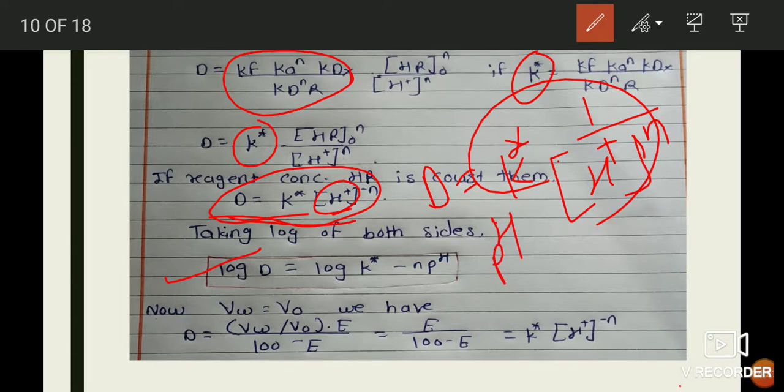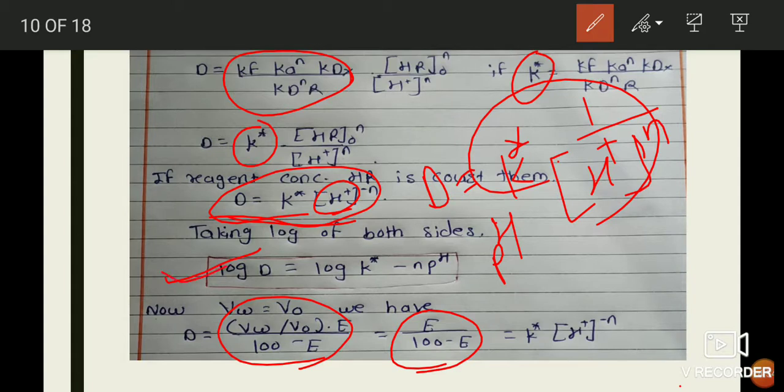Now, if the volume of aqueous phase VW is equal to the volume of organic phase VO, then the distribution ratio and percentage extraction equation is D is equal to VW by VO into E divided by 100 minus E. Solving this percentage extraction equation, the final equation we get is E divided by 100 minus E.